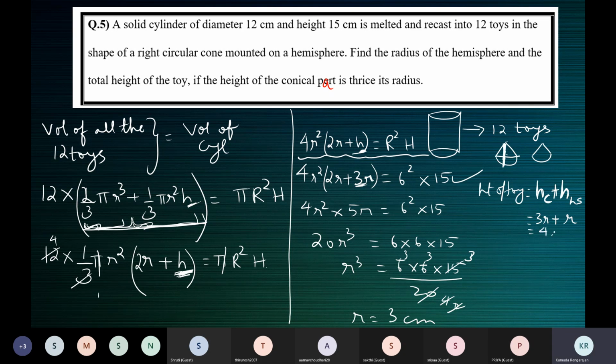So it is 4r or 4 into 3. R is 3. 4 into 3, 12 centimeters. Yes or no, children? Yes, ma'am.